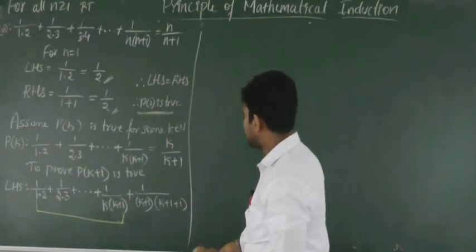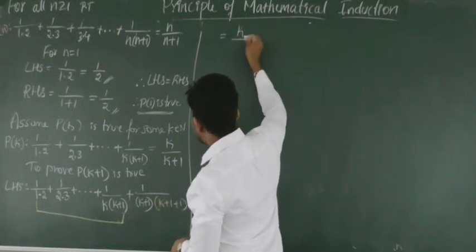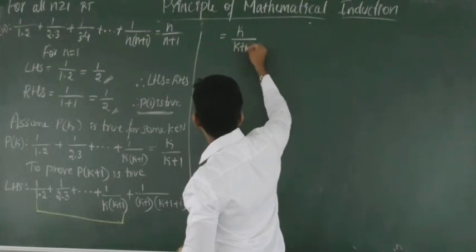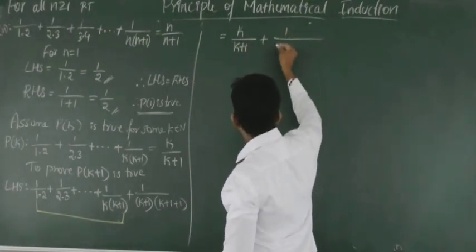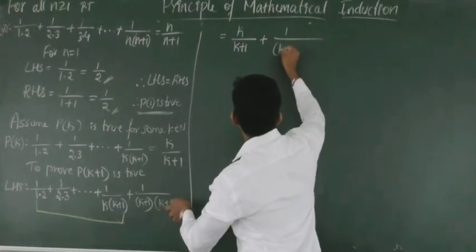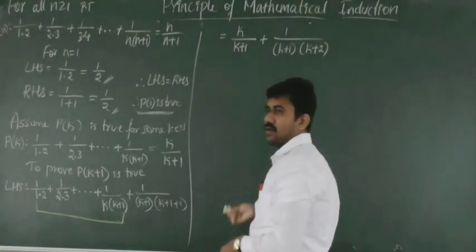So replace that value: k divided by k plus 1, plus 1 divided by k plus 1 into k plus 2. This is the extra term we have.